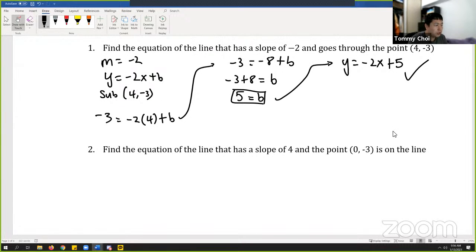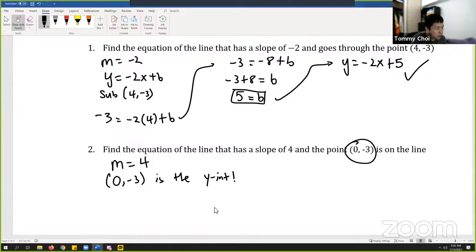Question 2. This one is even easier. (0, -3) is the y-intercept. Therefore, b equals -3. So the final equation immediately is this.